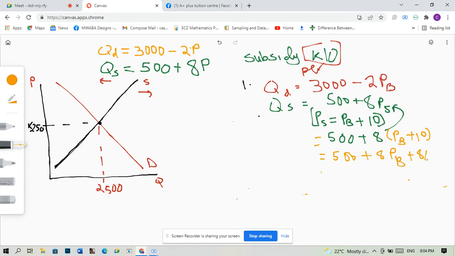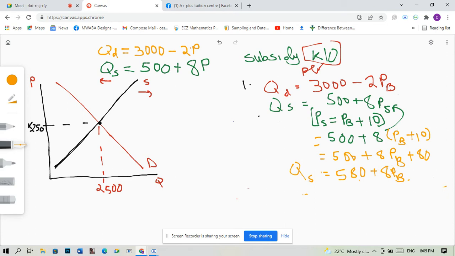Then 500 plus 80 is 580. So 580 plus 8PB. This is our new supply function.